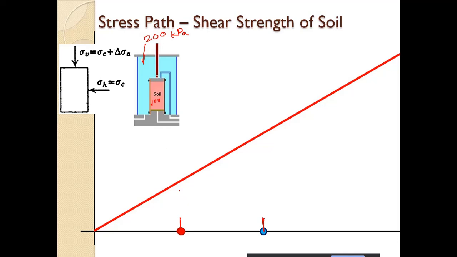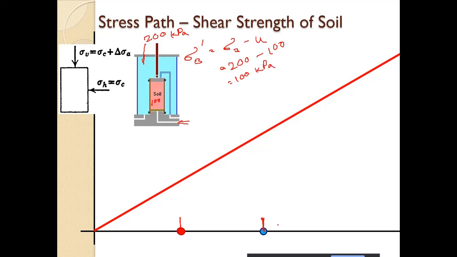So the effective stress sigma 3 dash is equal to sigma 3 minus u. Sigma 3 is 200 kPa minus u, which is the back pressure, 100 kPa. So sigma 3 dash is 100 kPa.